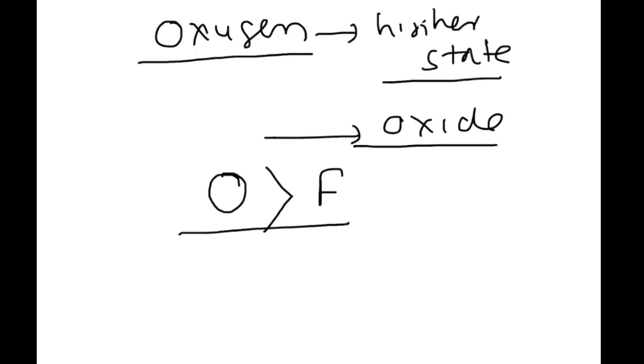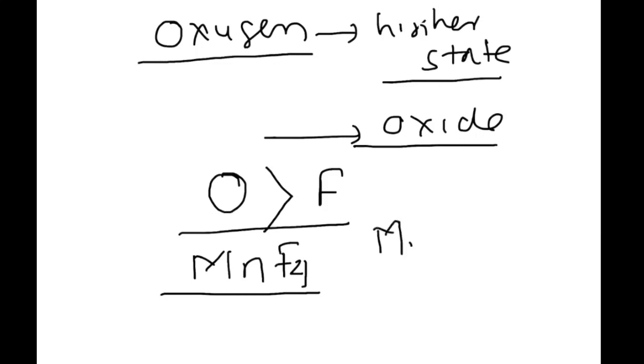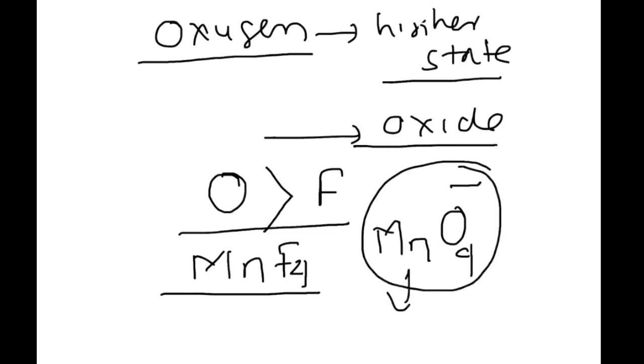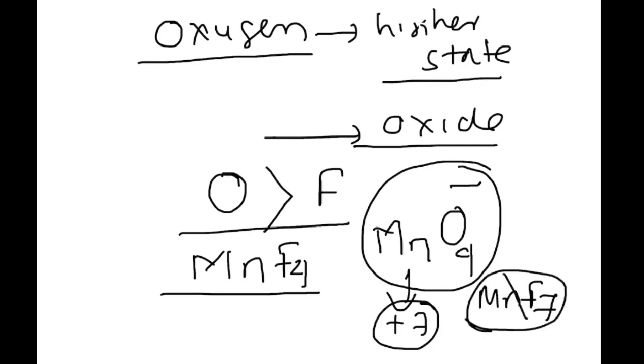For example, manganese can exist at maximum as MnF4, but when manganese combines with oxygen, it can exist as MnO4 minus, permanganate, in which Mn has +7 state. But manganese cannot combine with 7 fluorine atoms to exist as MnF7. MnF7 will not exist.